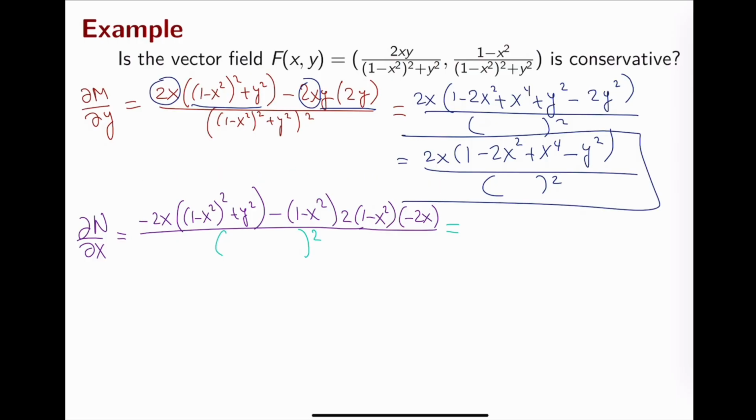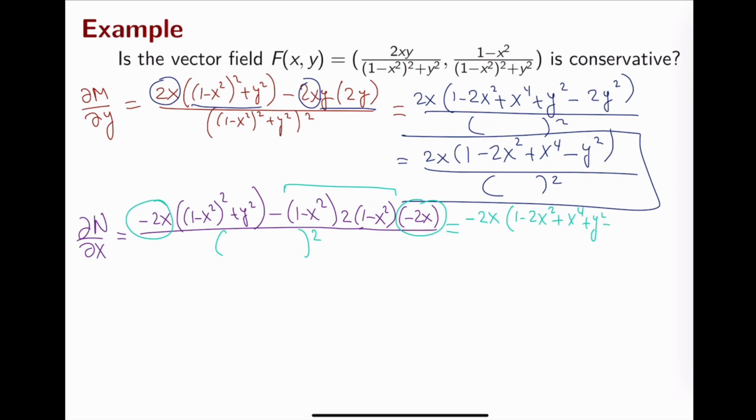Observe that we have in common minus 2x in both. So I'm going to take minus 2x as a common factor, times, and so in the first one remains this one that we have already expanded before. So this is going to be 1 minus 2x squared plus x to the 4 plus y squared. And in the second one is going to be all this.